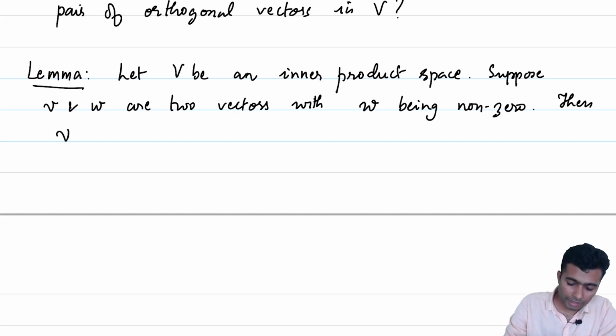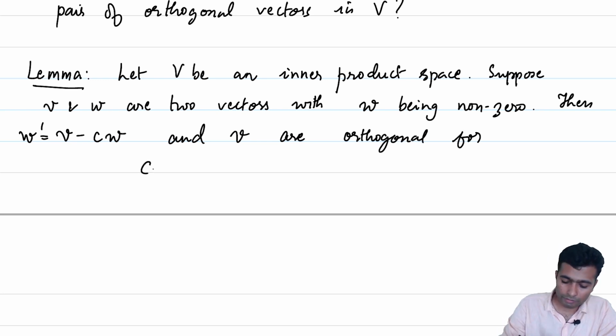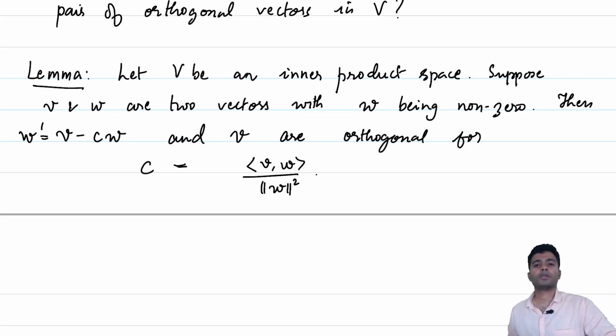Then V minus C times W, so V prime equal to this, and W are orthogonal to each other for C being equal to the inner product of V and W divided by the length of W squared. So we can tweak our V by subtracting something from it, and that will turn out to be a vector which is orthogonal to W. Okay, I made a mistake.